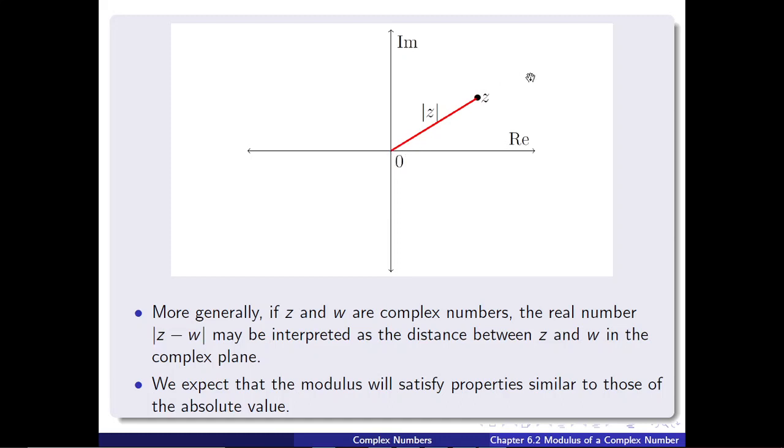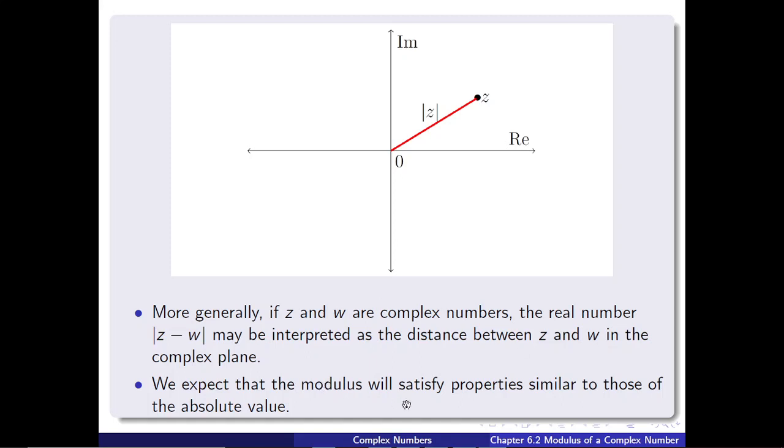And then in general, if you've got two complex numbers z and w, then the modulus of the difference of these two complex numbers may be interpreted as the distance between the two complex numbers in the complex plane.